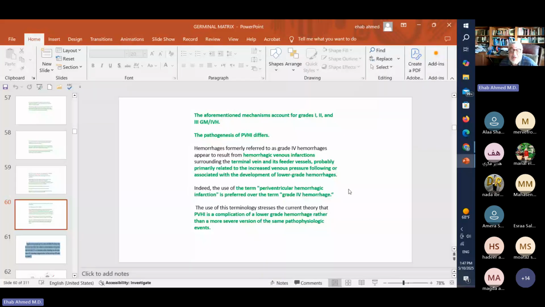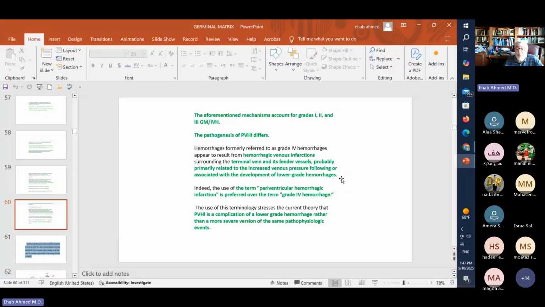That venous infarction is because of the terminal veins, as we said, that go into the U shape, and its feeder vessels, probably primarily related to increased venous pressure following or associated with development of low-grade hemorrhage.